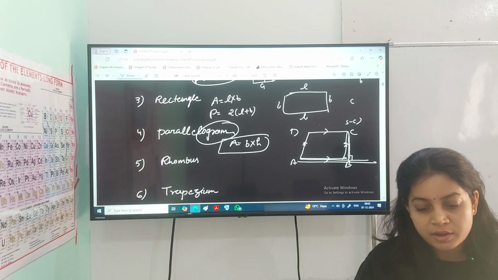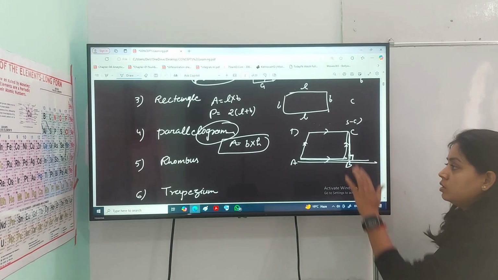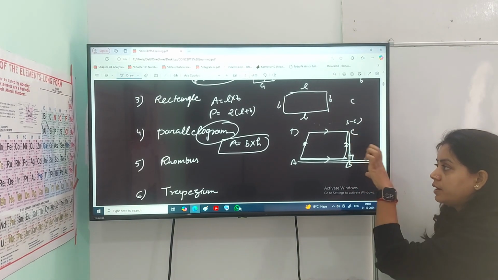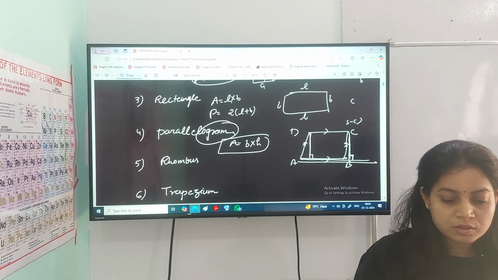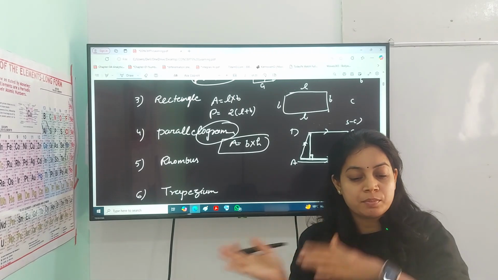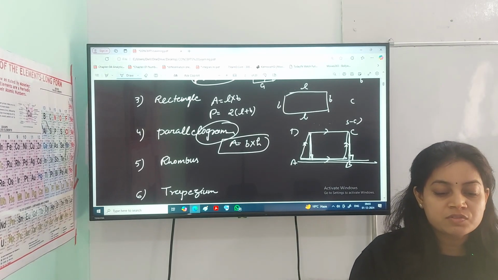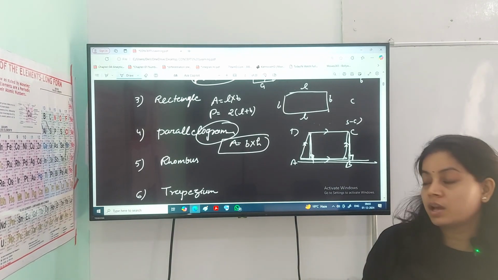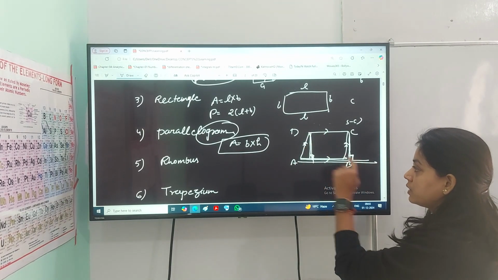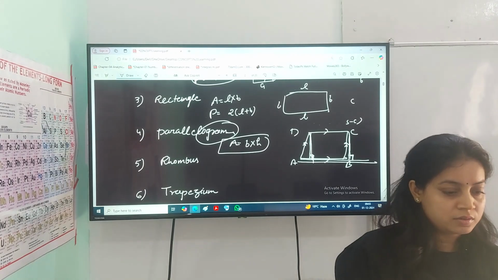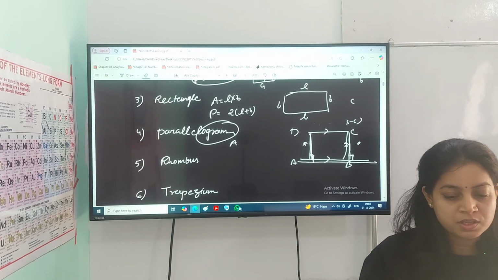Height is nothing but the altitude you draw from the vertex. Two parallel sides have the same height, right? So if the distance between the parallel sides is given, you can calculate it from base into height. You can take this side as a base and again calculate the height. Simple formula is just base into height.